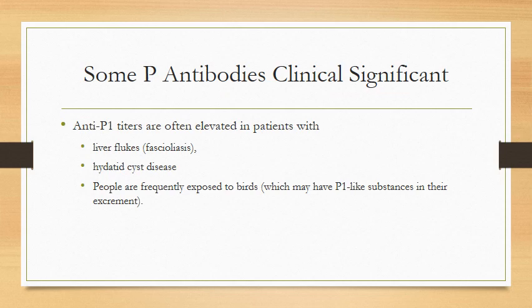P antibodies in the serum have some clinical significance. For example, anti-P1 titers are often elevated in patients with liver fluke or hydatid cyst disease, or in individuals who are frequently exposed to birds, because the bird droppings may have a P1-like substance.